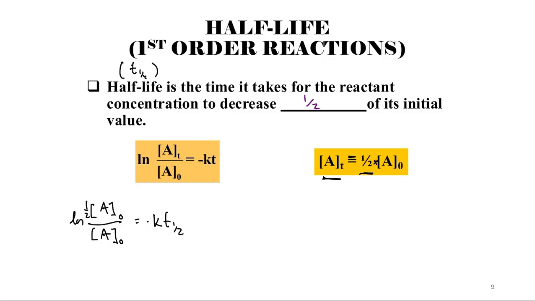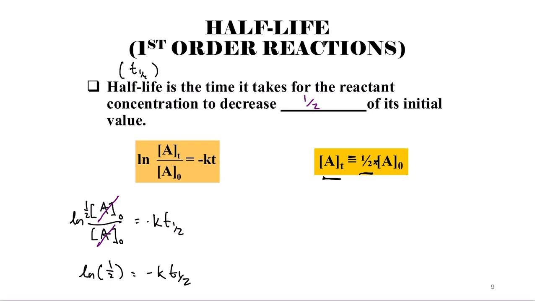If we have the initial concentration, one in the numerator, one in the denominator here, what happens to them? They cancel out, right? So we get these two cancel out, and we're left with ln 1/2 is equal to minus k t 1/2.